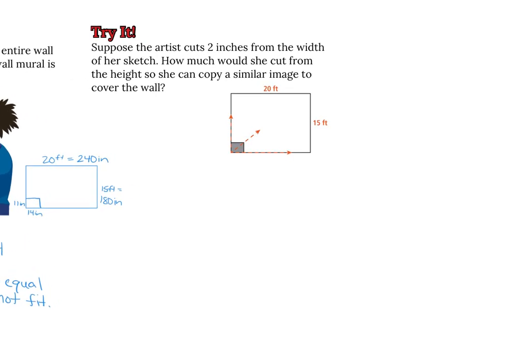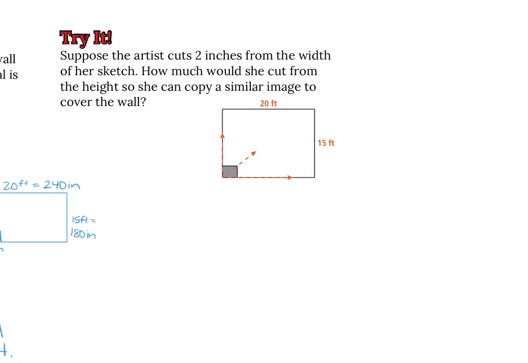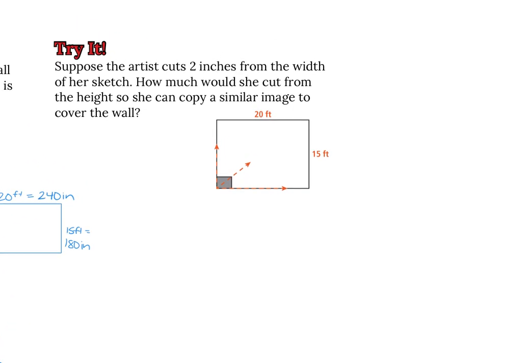All right, try it. Suppose the artist cut 2 inches from the width of her sketch. How much would she need to cut from the height so she can copy the similar image to cover the wall? Okay, so they're telling us that she cut 2 inches from the width. Our width was 14, so now our width is 12.